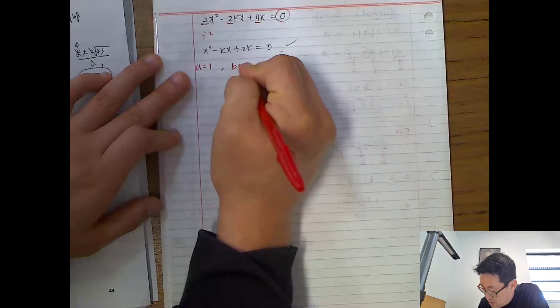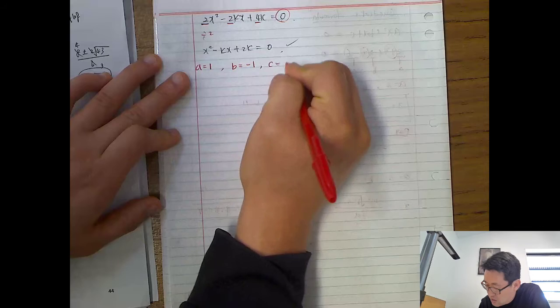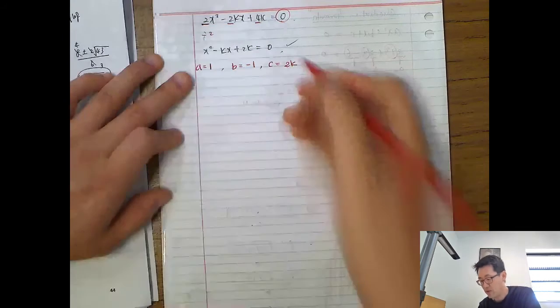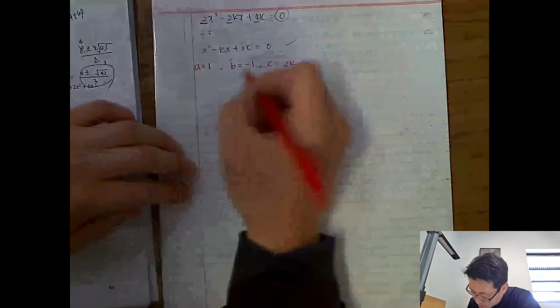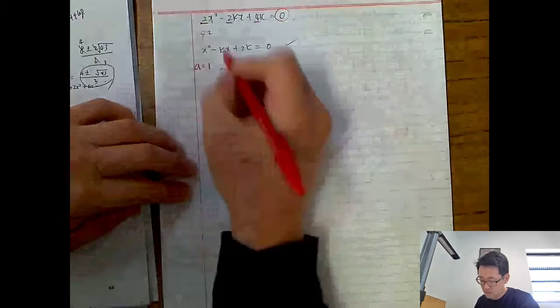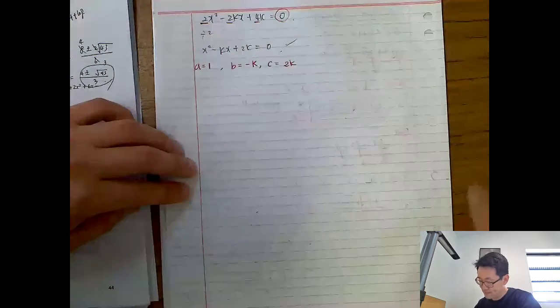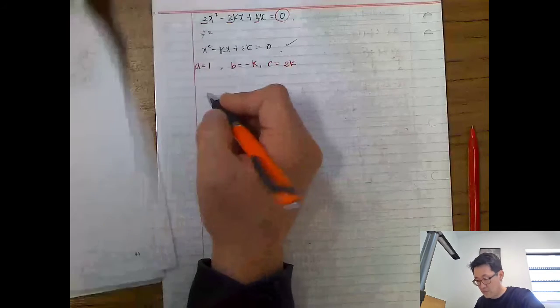What is b? b is minus 1. c is 2k. k is a certain number, isn't it? So we write down this way. Oh, sorry. b equals minus k, not 1. Write down properly.